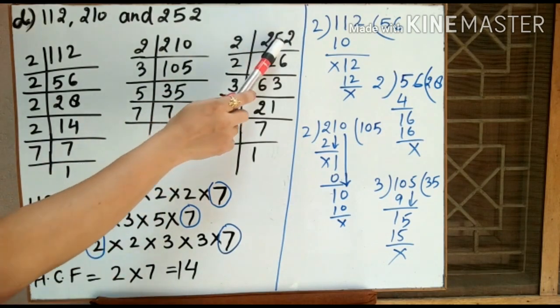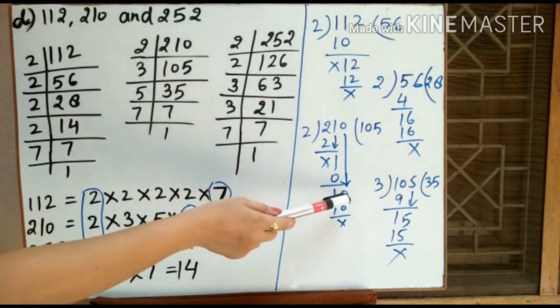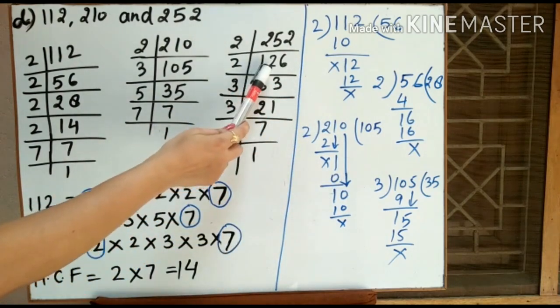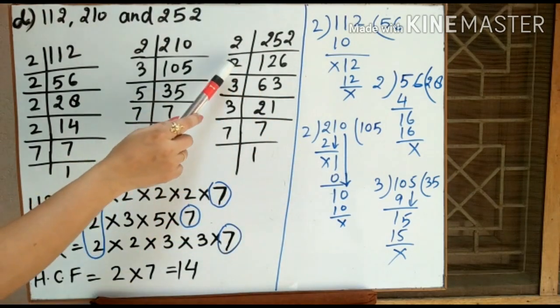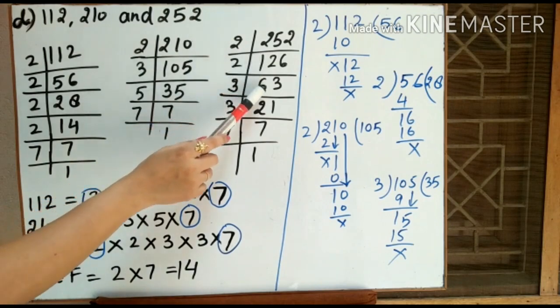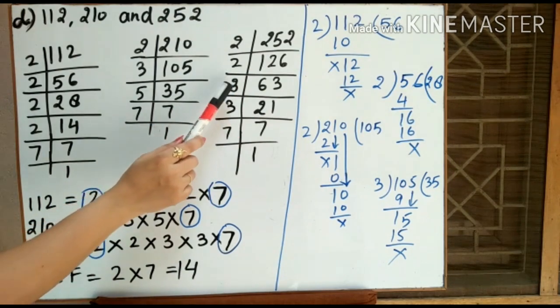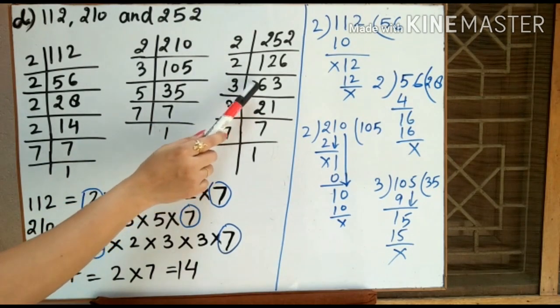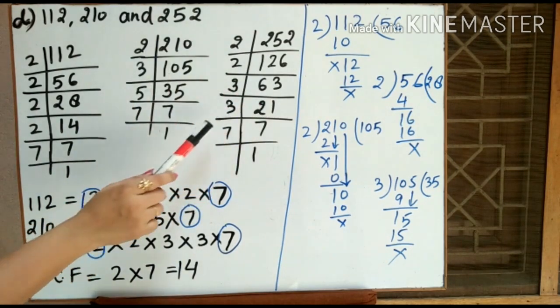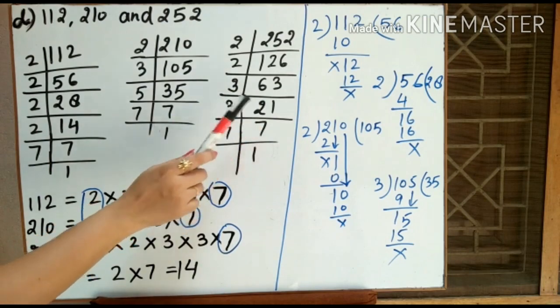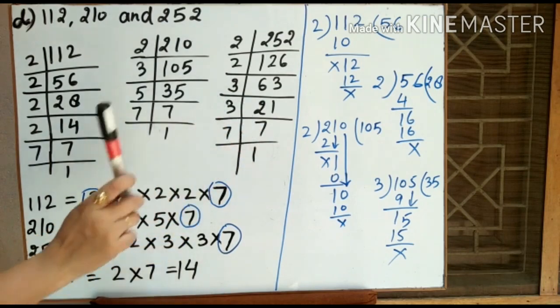You can divide the given number by 2 in this way and write the answer here. Similarly 2 6 ja 12 and 2 3 ja 6. 3 2 ja 6 and 3 1 ja 3. 3 7 ja 21 and 7 1 ja 7.